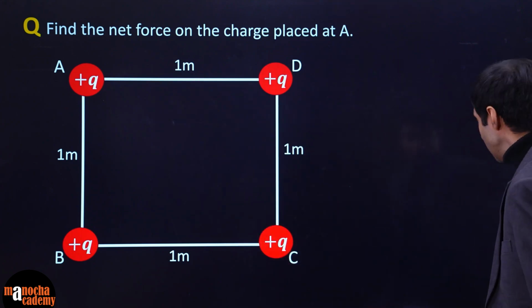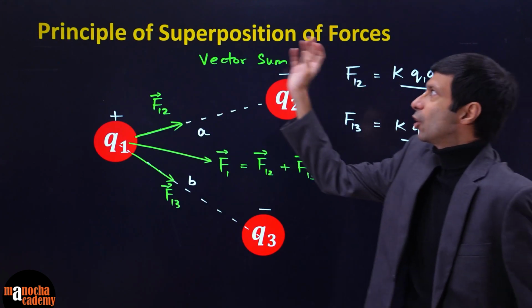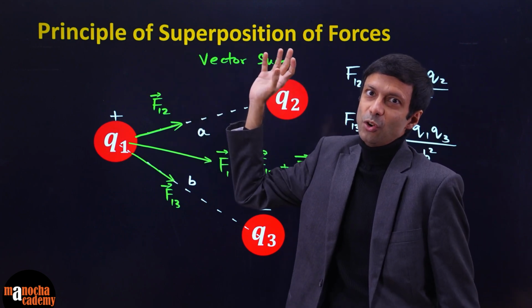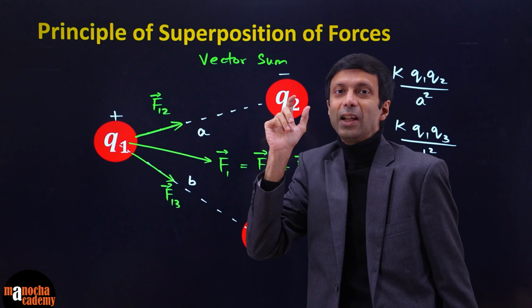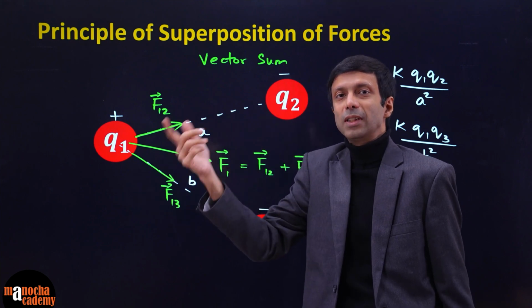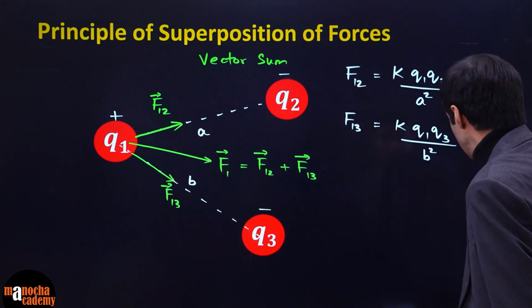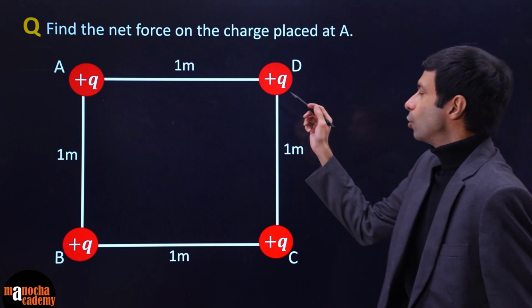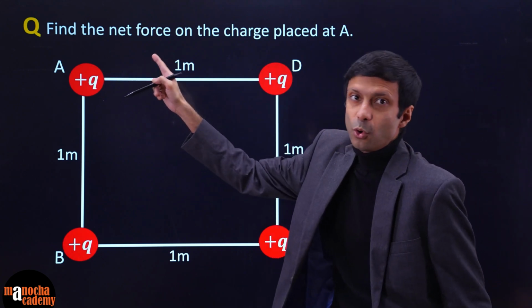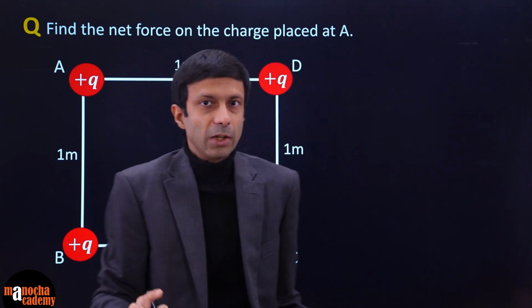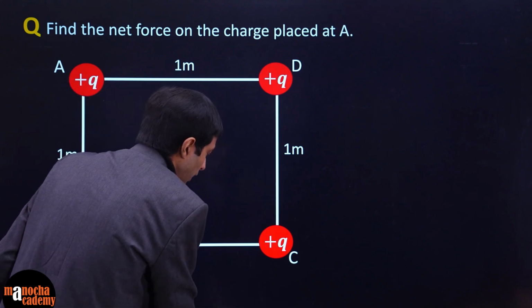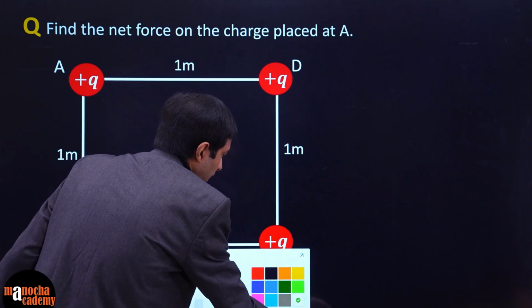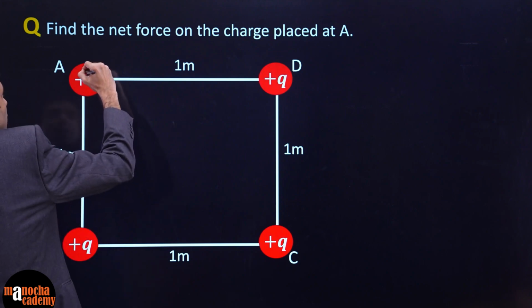Here again we are going to use the principle of superposition of forces, because we have multiple charges, and the key concept is that you have to take a vector sum of all the individual forces. Since we are interested in the force on charge A, let's look at the force due to charge B. Both are positive, so you know that this force is going to be repulsive in nature.